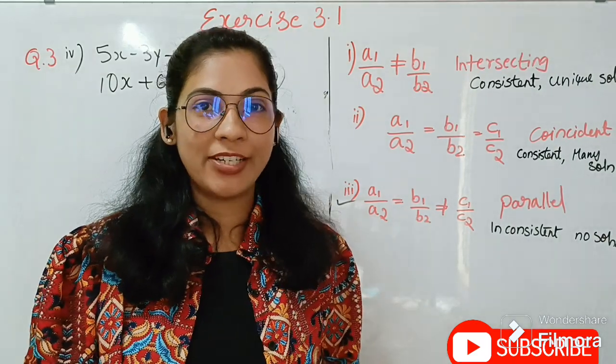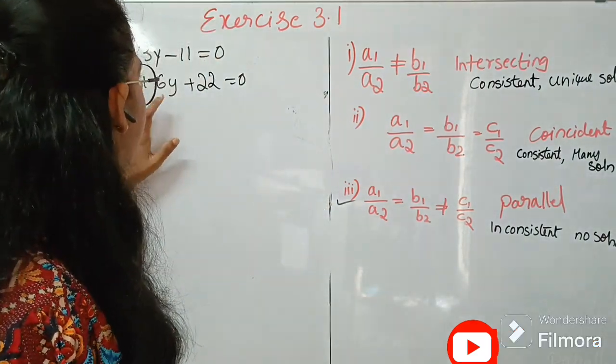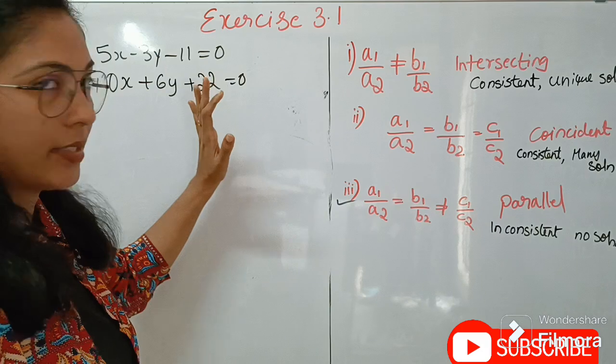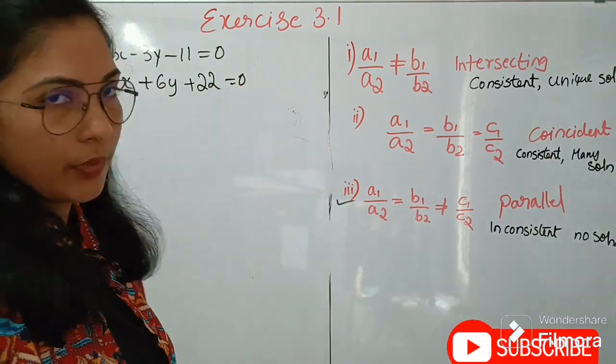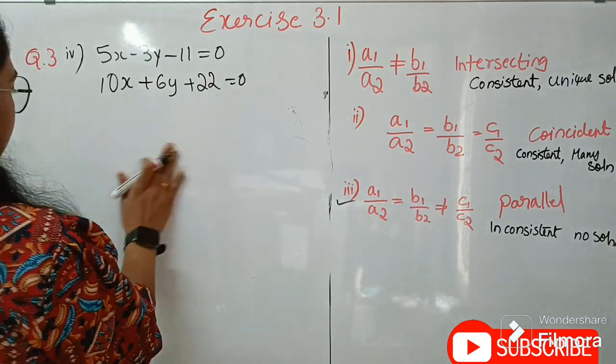So our fourth question is 5x − 3y − 11 = 0 and 10x + 6y + 22 = 0. So let's start.